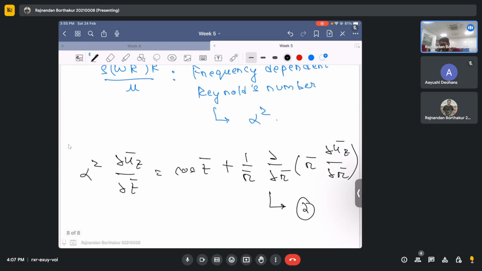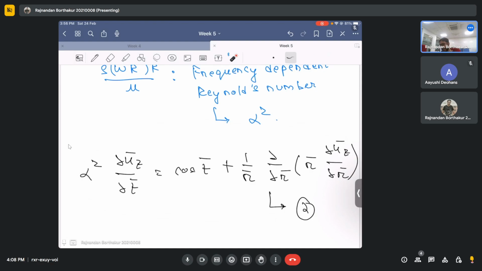Now, can you tell me what is the dimension of this equation? No dimension. Non-dimensional also. Exactly. No dimension. But if you have a deeper look, what does it mean?